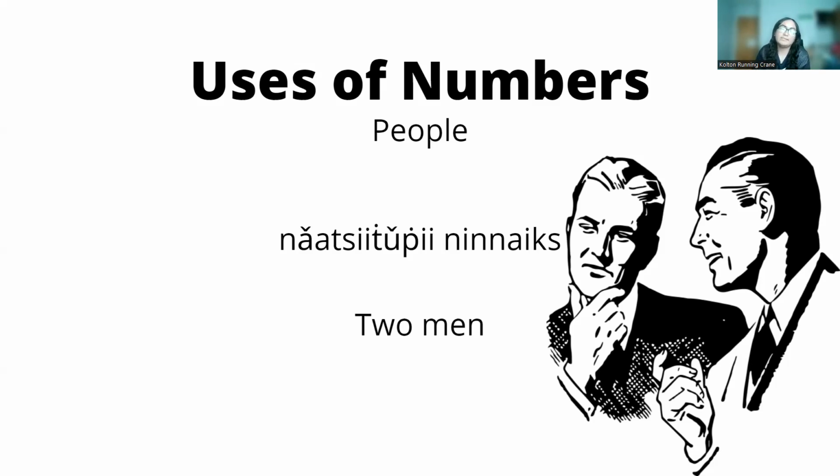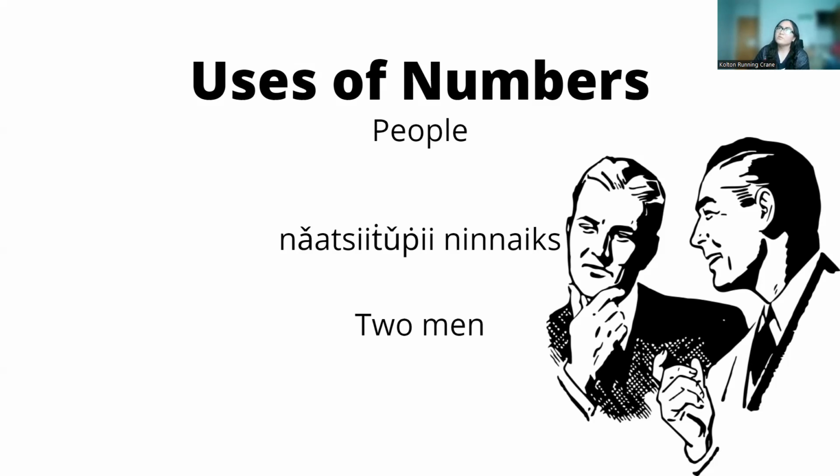Nazi tapi ninnakes. Of course, you could get away with saying natuka ninnakes, to say two people, and it would make sense, but it's just not really correct. So the proper way to say two men is Nazi tapi ninnakes.